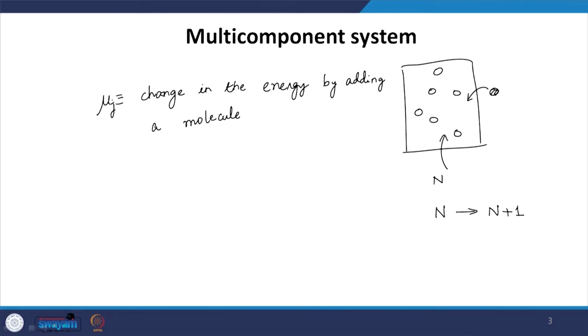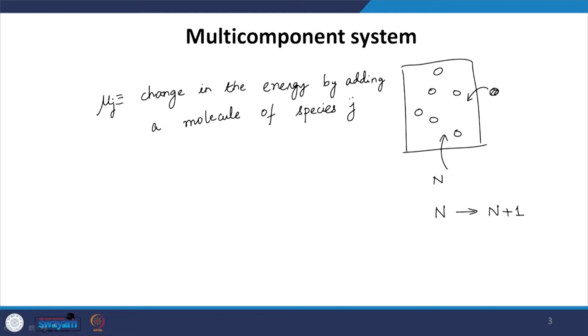Whenever that happens, this energy becomes non-trivial, and that is where the idea of chemical potential becomes more relevant. In general we define mu j as the change in energy by adding a molecule of species j, provided that we have multiple species or components present in the system.